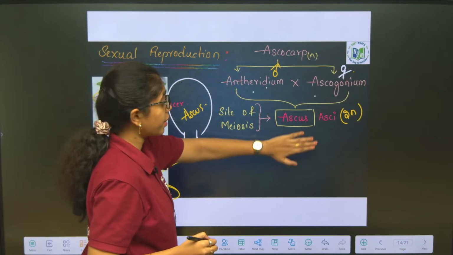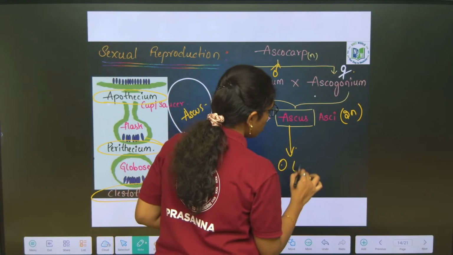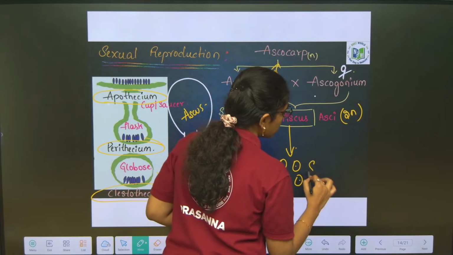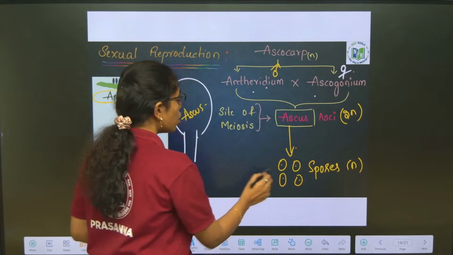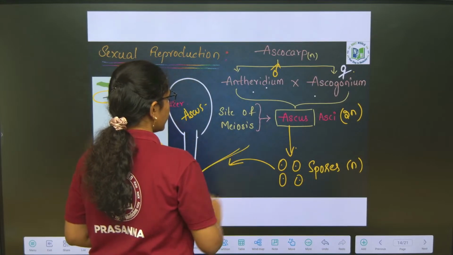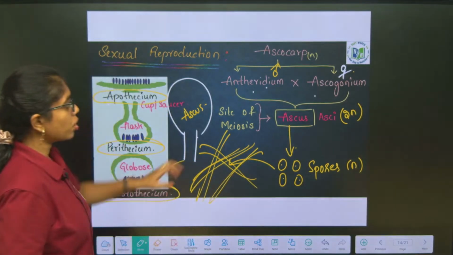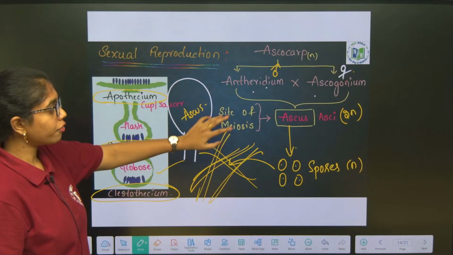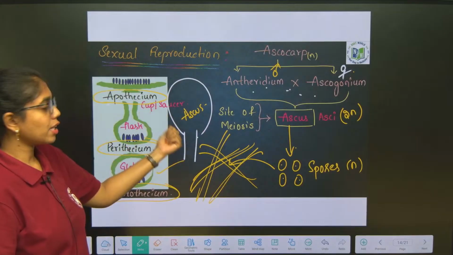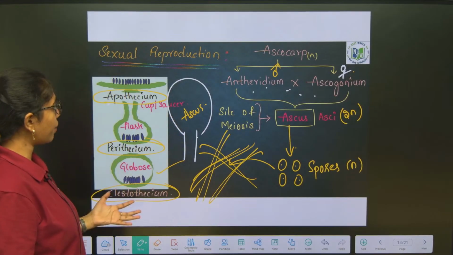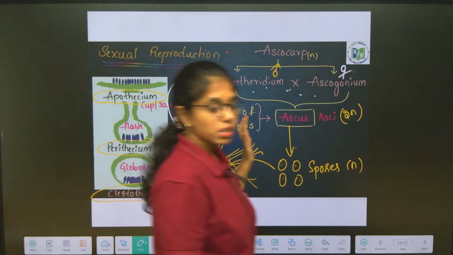Ascus is diploid. Now, this is the site of meiosis. After meiosis, this will produce 4 spores. These spores are haploid. Haploid spores falling onto a suitable substrate will germinate into new hyphae. Clear, right? So, what is the site of meiosis? Ascus. And where is the fusion happening? Inside the ascocarp. Based on their shape, we have 3 types: apothecium, perithecium and clistothecium. So, till here it is clear, right?